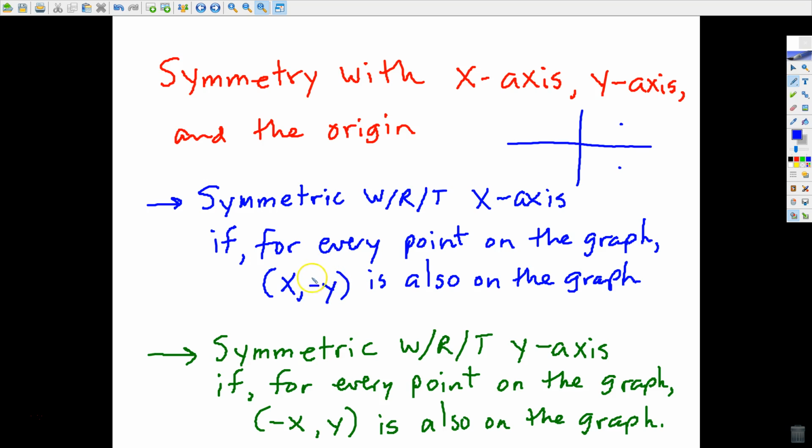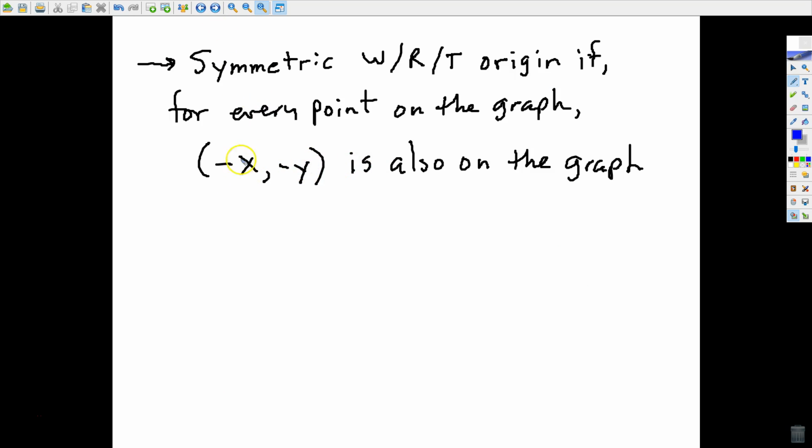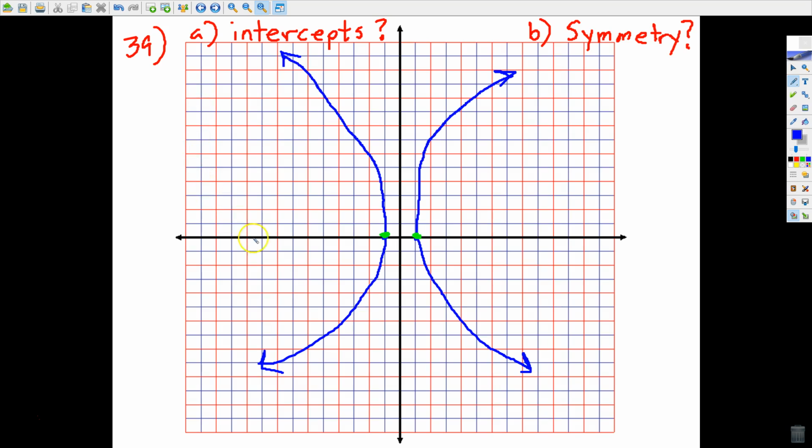It was the opposite. Remember that? I tried to emphasize that because I knew that this little exercise was coming. And so with the y-axis symmetry, which would be over here, the difference in the ordered pairs is that the x-coordinate is the opposite. And then for origin symmetry, they both are opposites from the original.